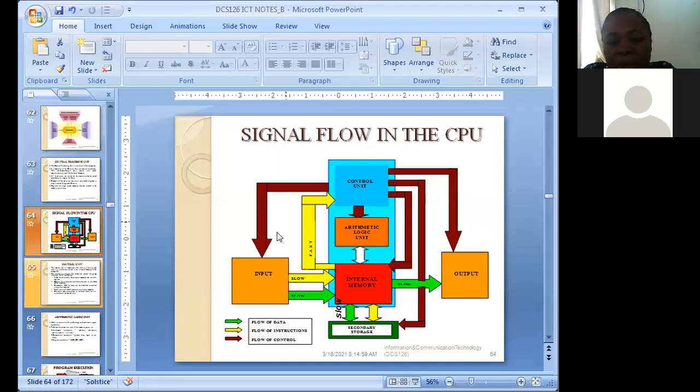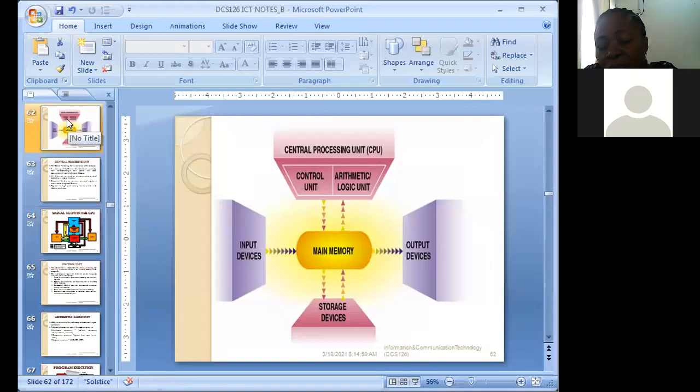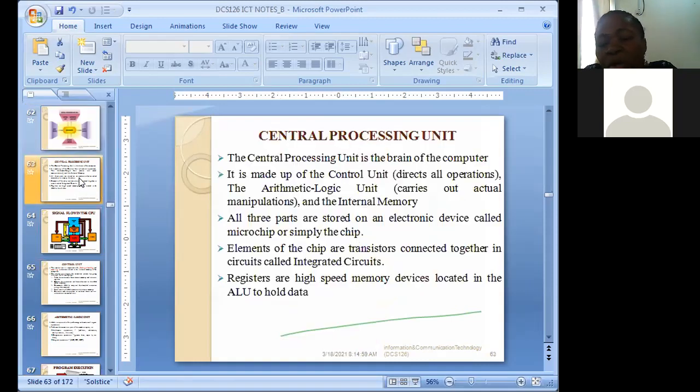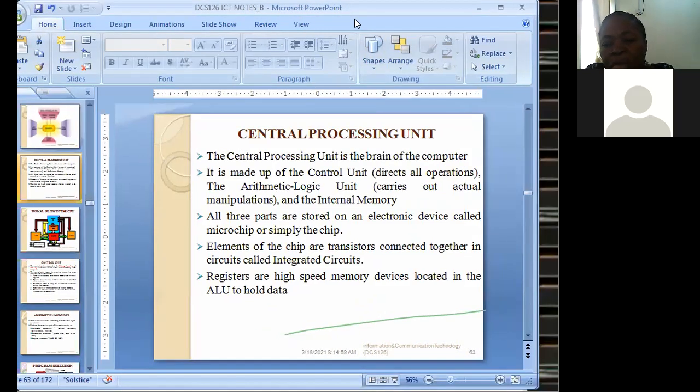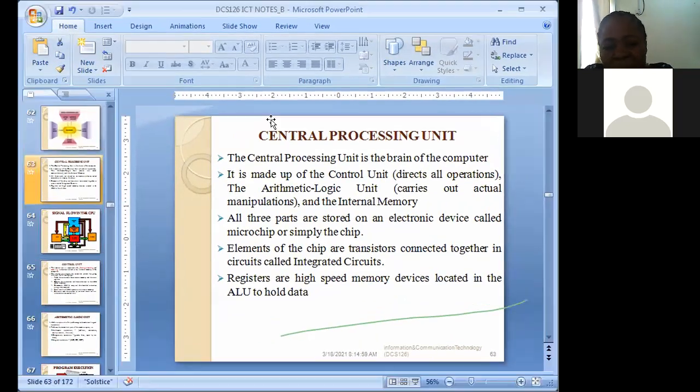Okay, so here we are. This is where we started for today's class, talking about the visual block diagram of your computer hardware. And then we went on to describe a little of what the CPU is.